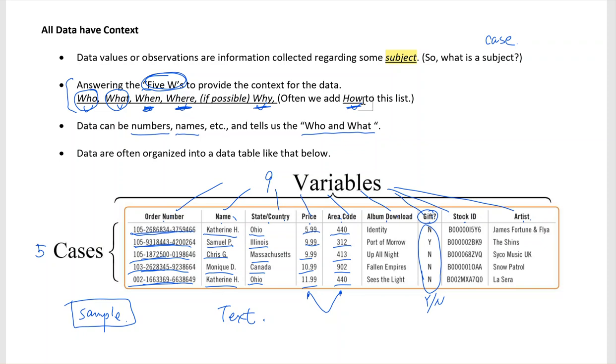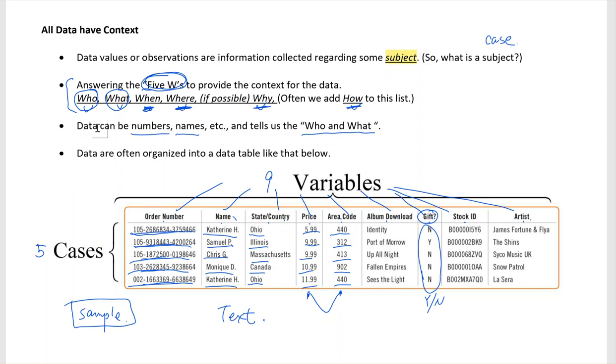Although it may not be shown in the table, it should be included in another file to say when did you collect this information, where did you collect the information, why you collect information, and how did you collect this information, right?